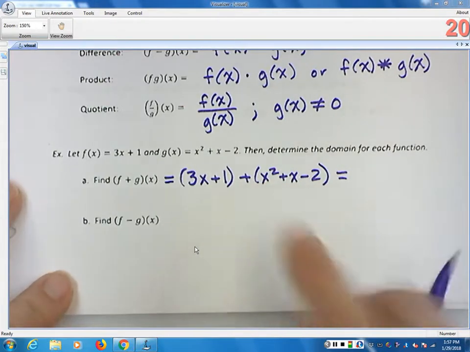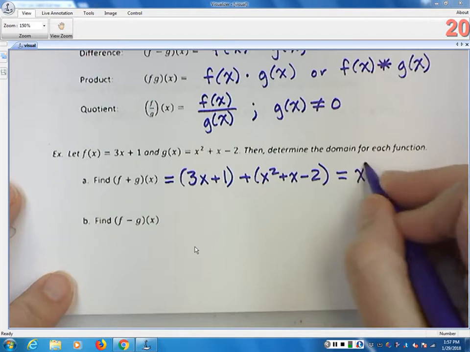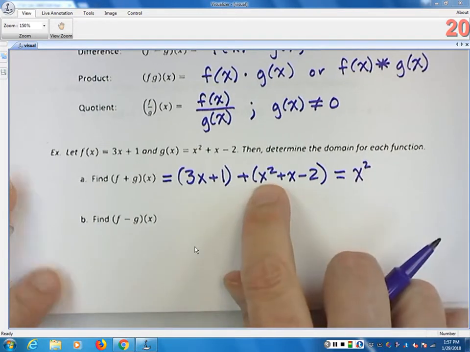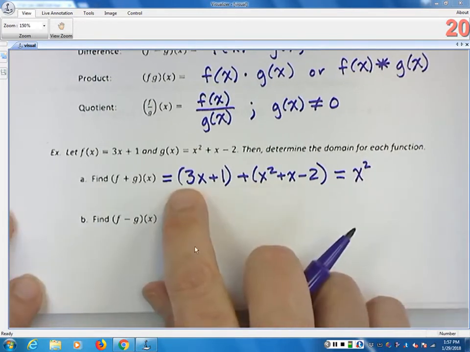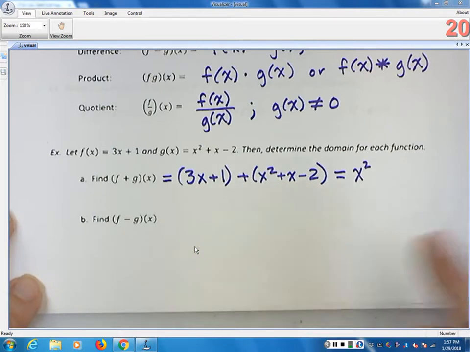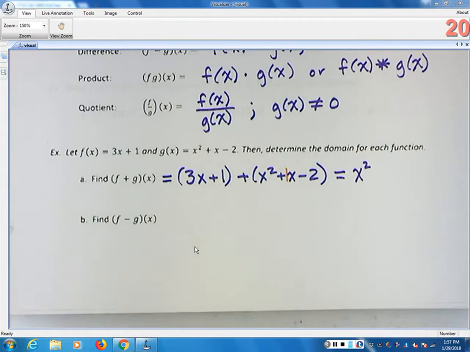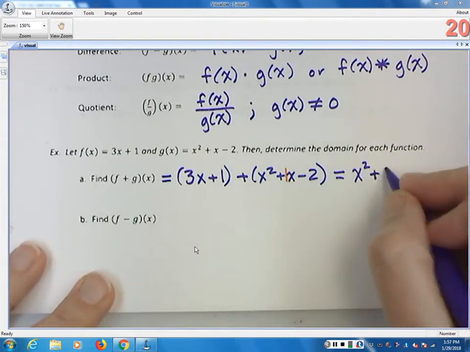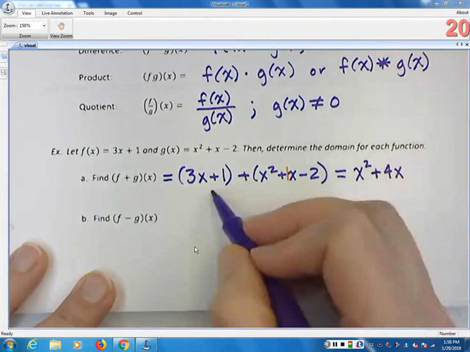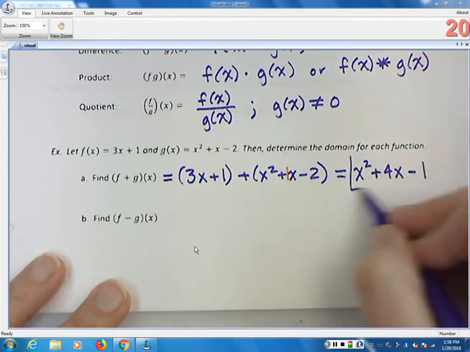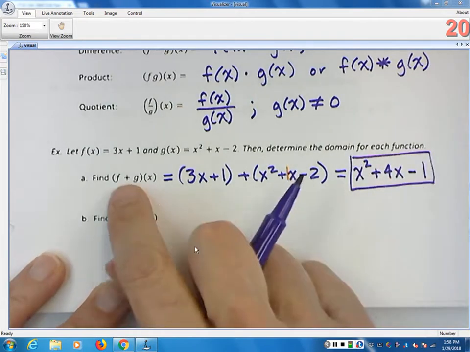So x squared is our highest power term, and there's no other squareds. And then the 3x plus the 1x, there's an understood 1 here, is 4x, so that's plus 4x. And then 1 minus 2 is minus 1. And this is your answer to f plus g of x.